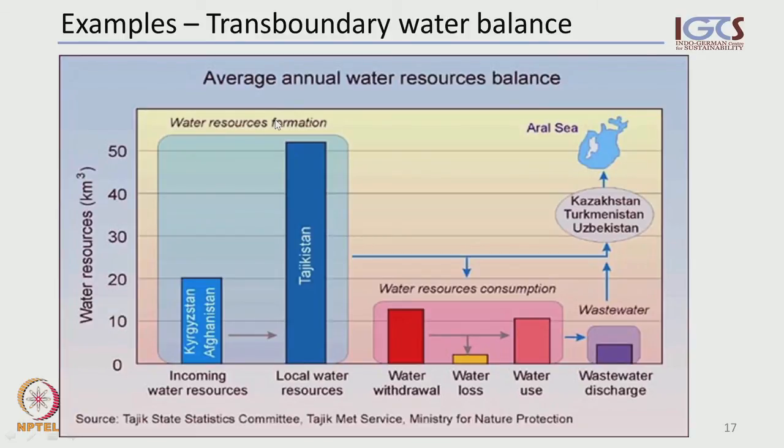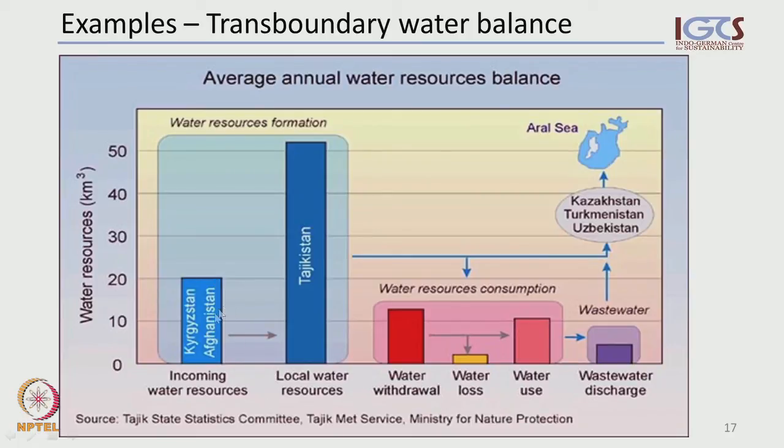Now, as a last example, a very important part also, the transboundary water balance. We have looked at India as a case, as a country water balance, and now a transboundary water balance. We have our water resources here, and then the different components.